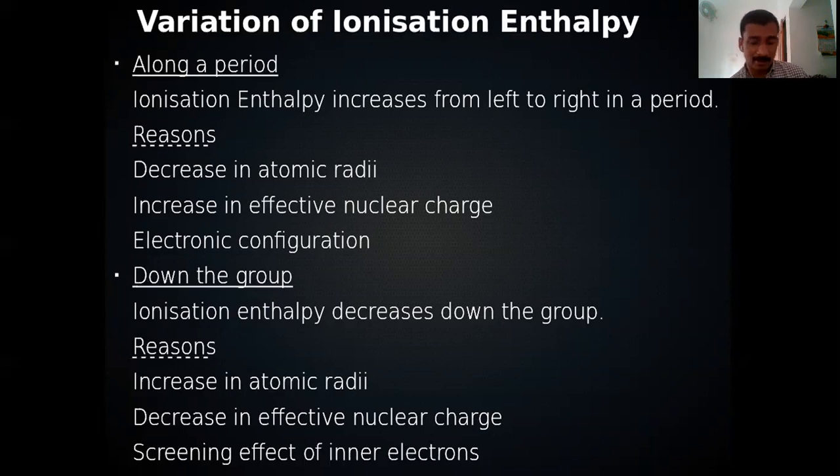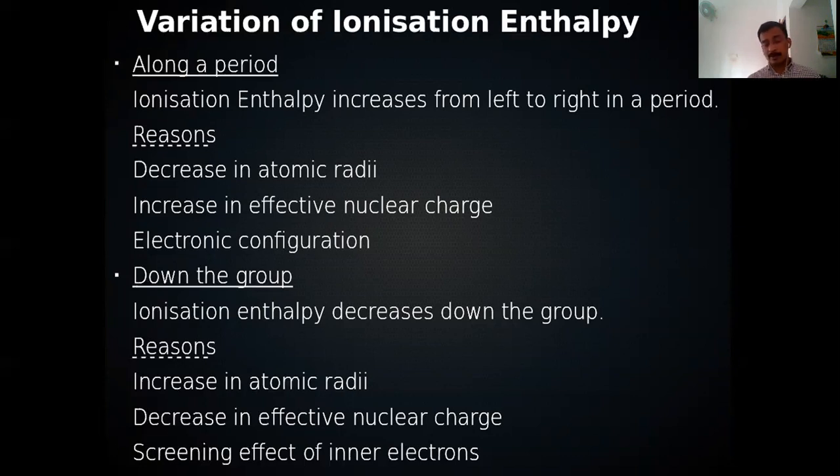Electronic configuration has a role. We know completely filled or half-filled configurations have an extra stability. So the electronic configuration is very important. It is difficult to remove an electron from a stable species.